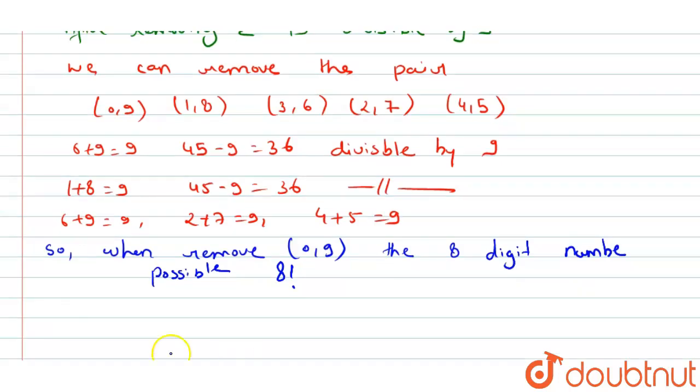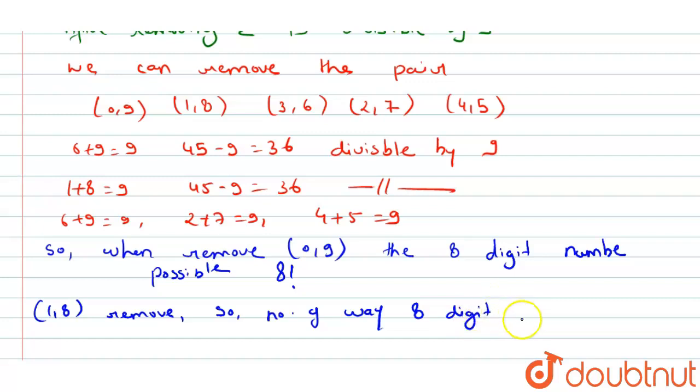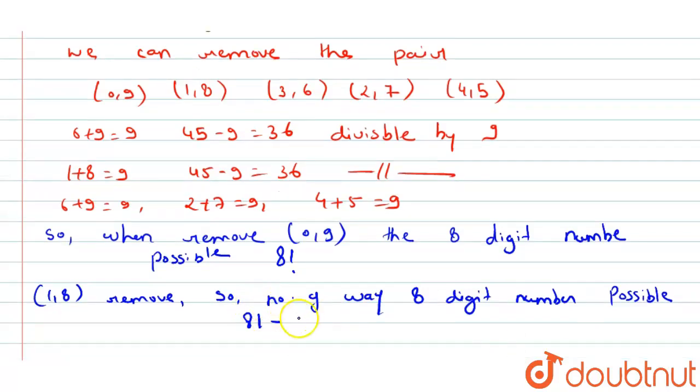Similarly, when we remove 1 and 8, the number of ways an 8-digit number is possible is 8 factorial minus 7 factorial. What is 7 factorial?